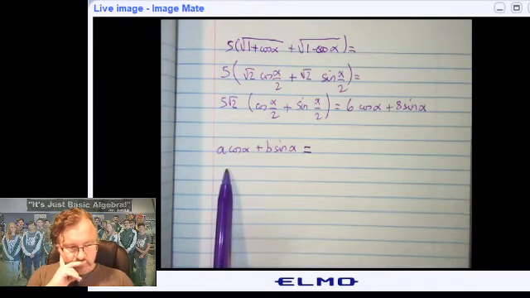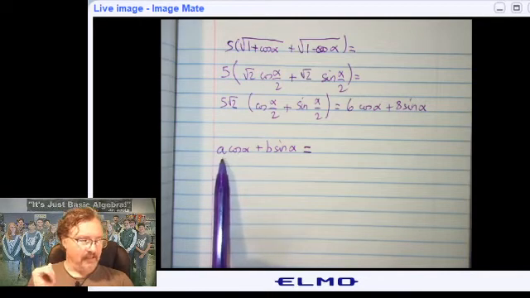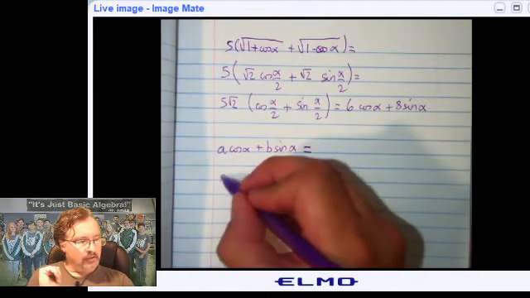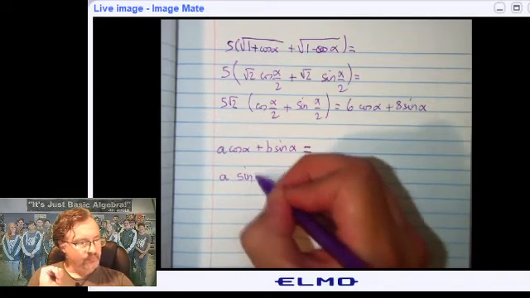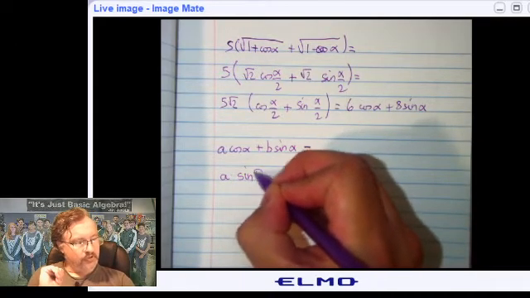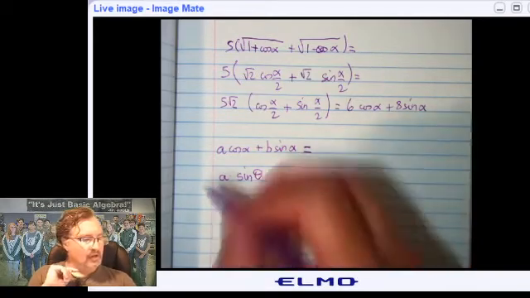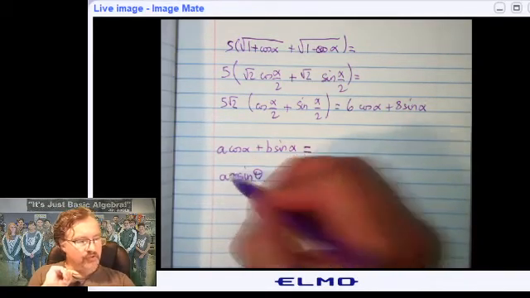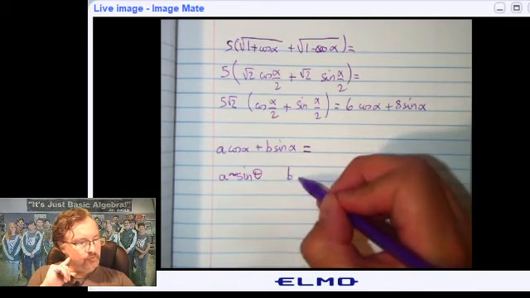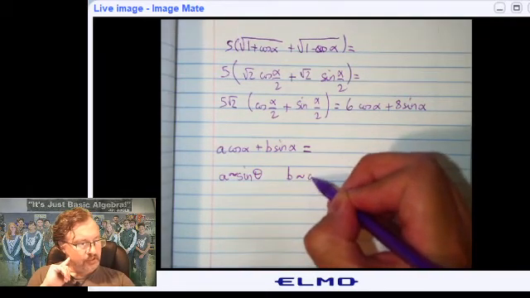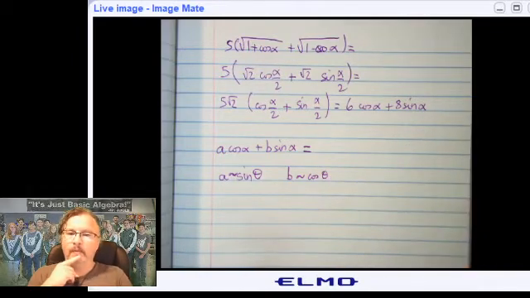So the idea is to try to relate A to the sine of an angle, and I'm going to call it the angle theta. So I want A to be related to the sine of this angle, and I want B to be related to the cosine of that same angle.